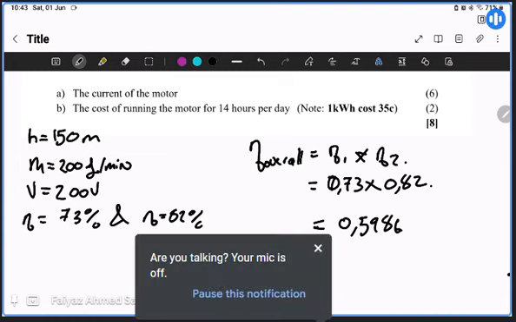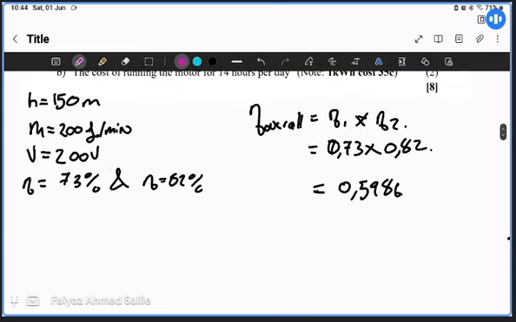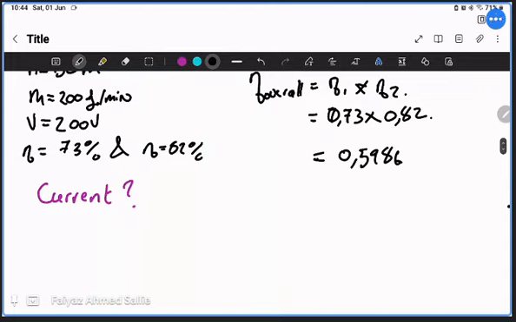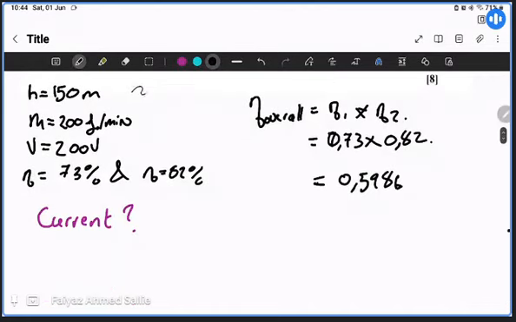So the question states that the question wants the current of the motor. So they want the current of the motor. So first we're going to use these values to find power.